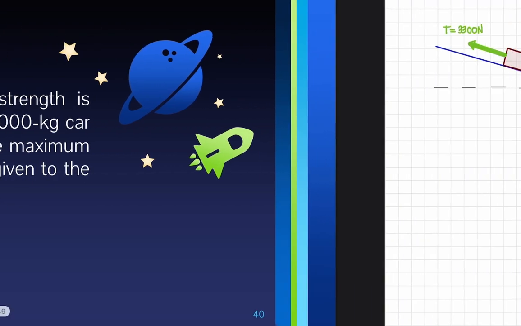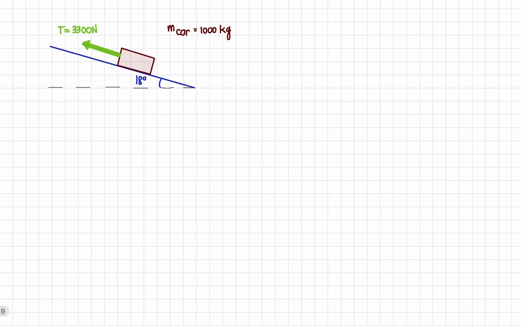So we always make a balance, make an equation out of all the forces acting on the car. So remember that this is the car. And remember that the weight is always directed downward. Okay?